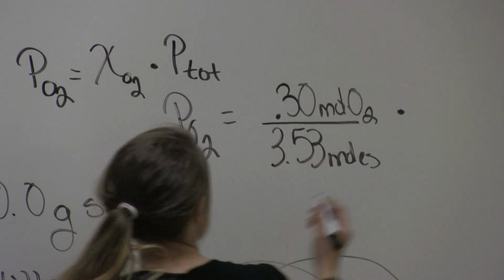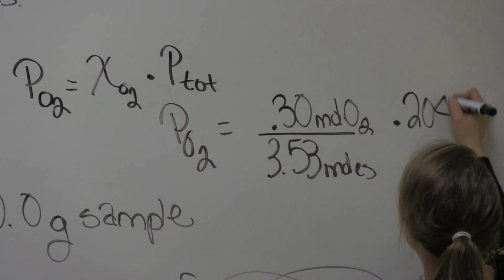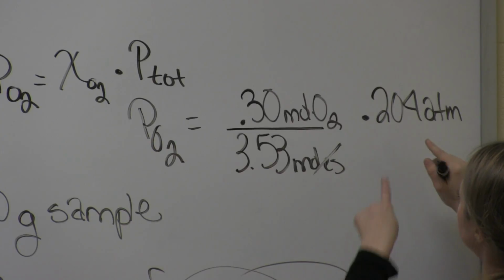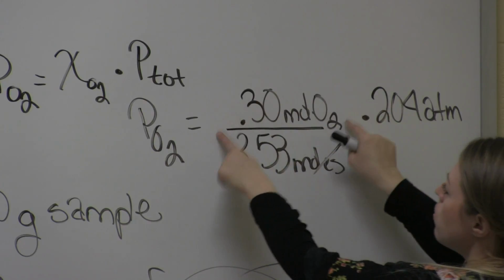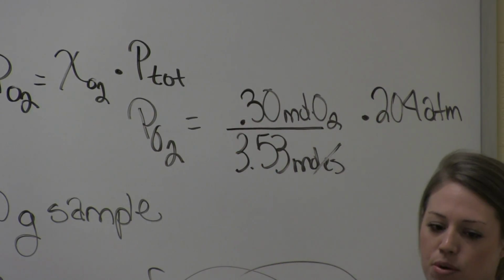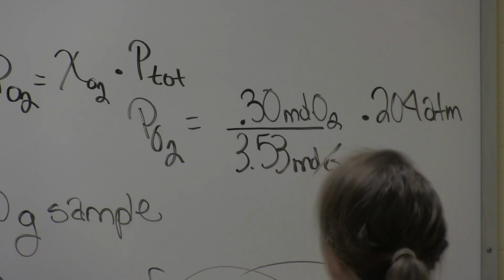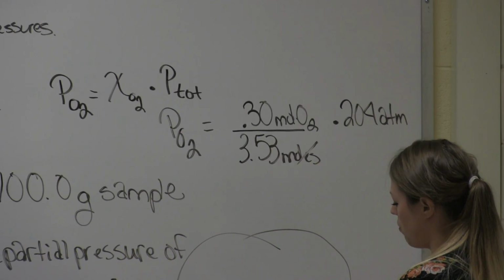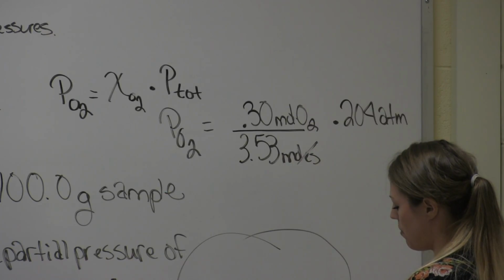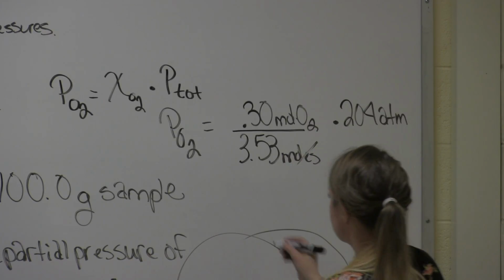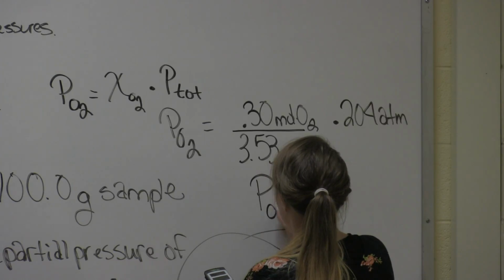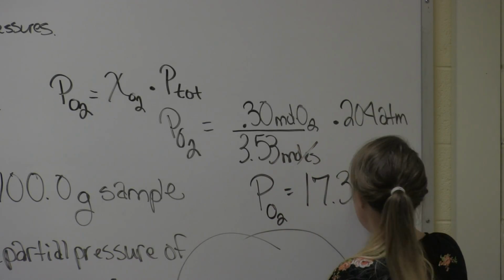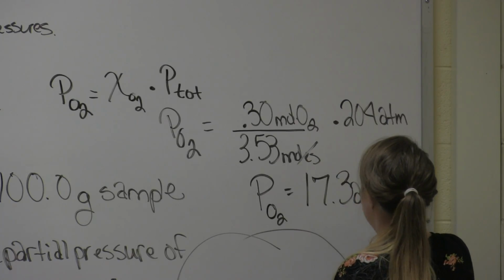So the total pressure is 204 atmospheres. Okay, my moles are going to cancel, so I'm going to take 204, multiply it by 0.3, and divide by 3.53. So if we do that, 0.3 times 204 divided by 3.53, we get that the partial pressure of oxygen is 17.3 atmospheres.